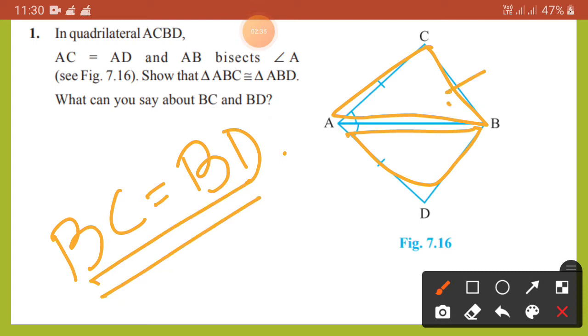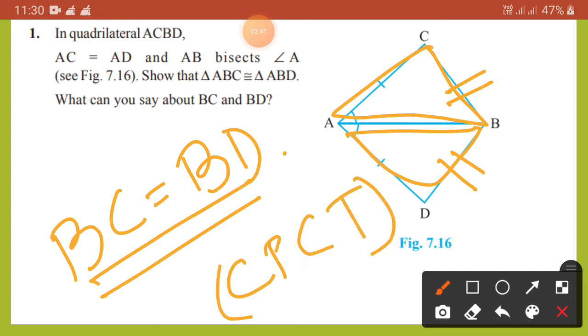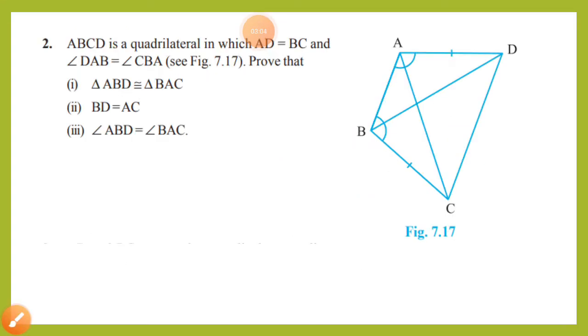BC means this side and BD means this side. By the CPCT rule, corresponding parts of congruent triangles. Because we have proved that these two triangles ABC and ABD are congruent, BC of triangle ABC is equal to BD of triangle ABD. Okay, go to the next question.